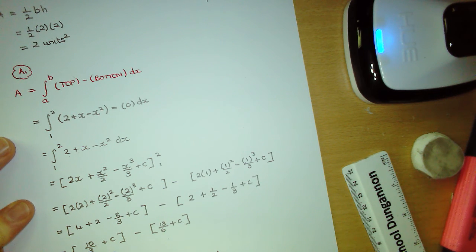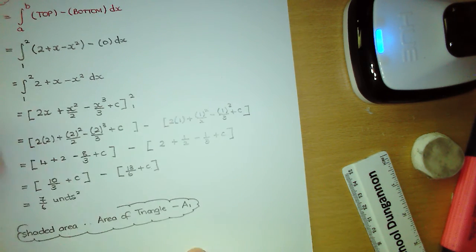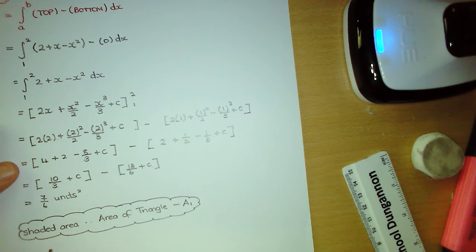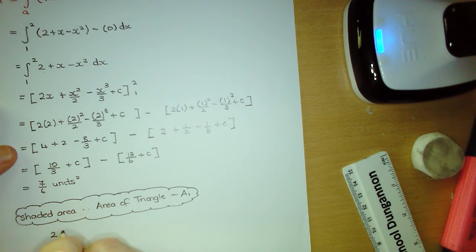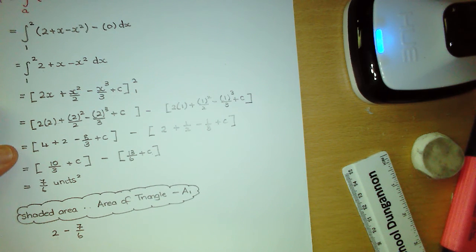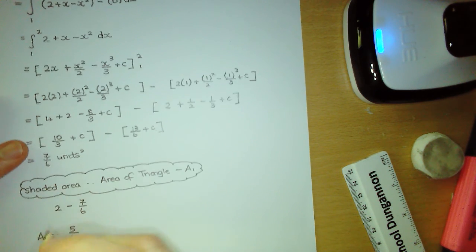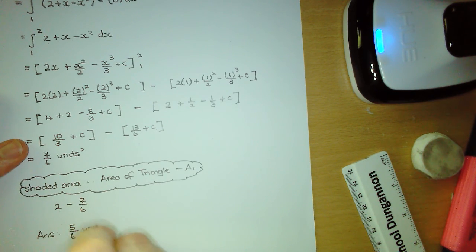In the other examples, we were always adding the separate areas, but here's a nice little example where you're not, you're subtracting. So area of triangle, remember, was 2, and we're subtracting 7 over 6. So our final answer, 2 subtract 1 and 1/6, you're going to be left with 5/6 square units. And that's it.